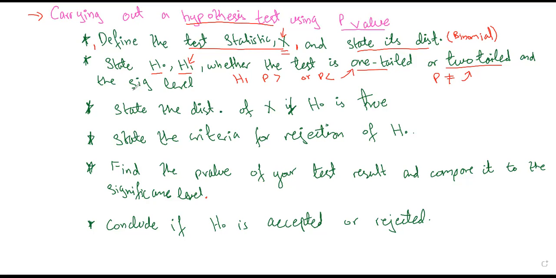And the significance level, this part would be given. Now the third point is to state the distribution of X if H naught is true.